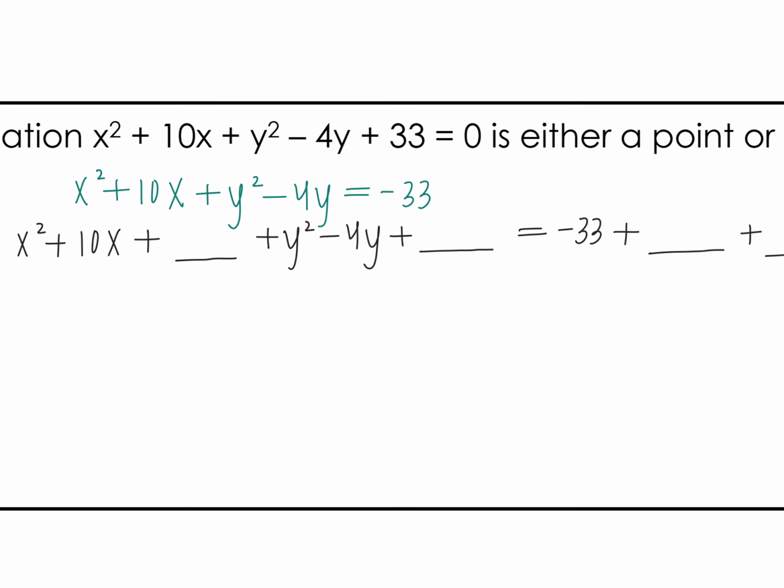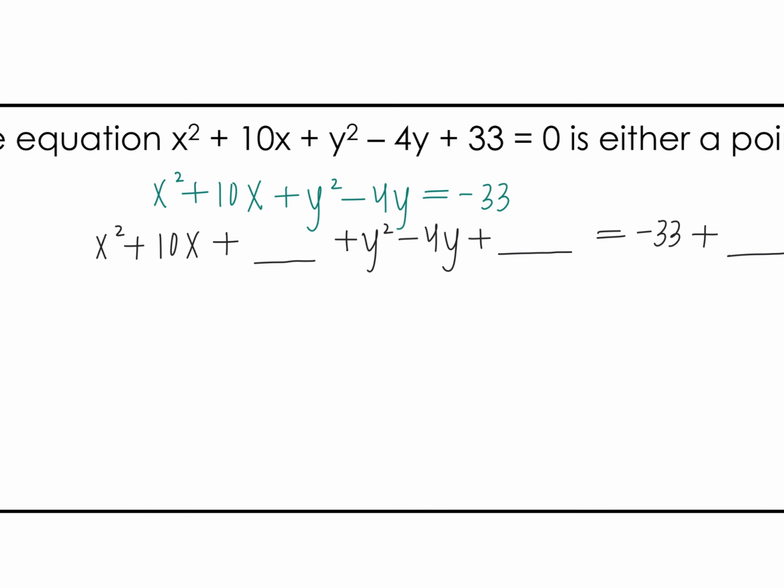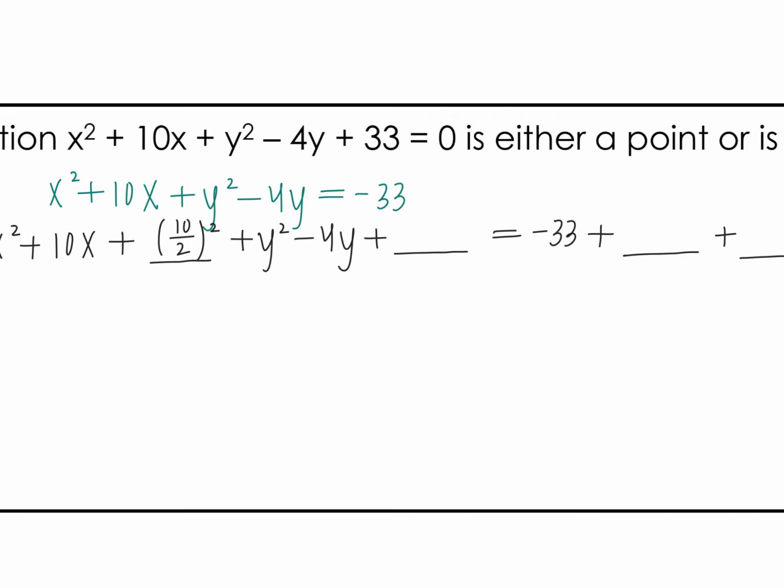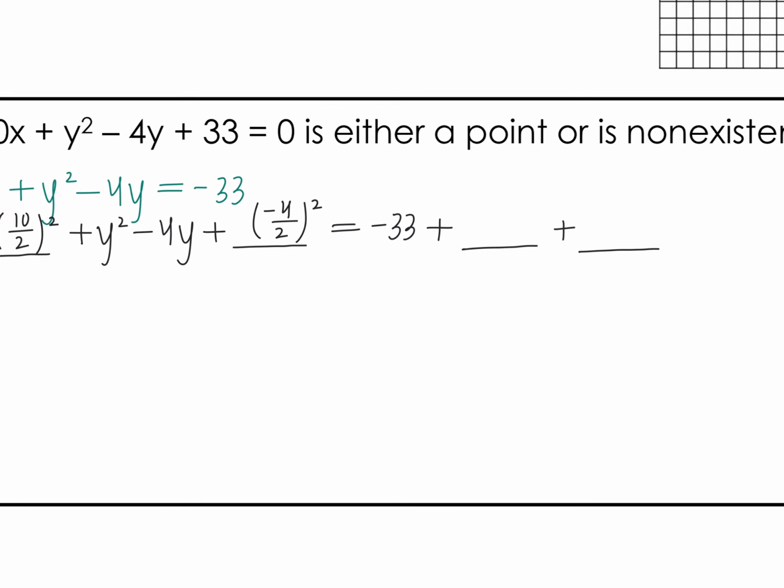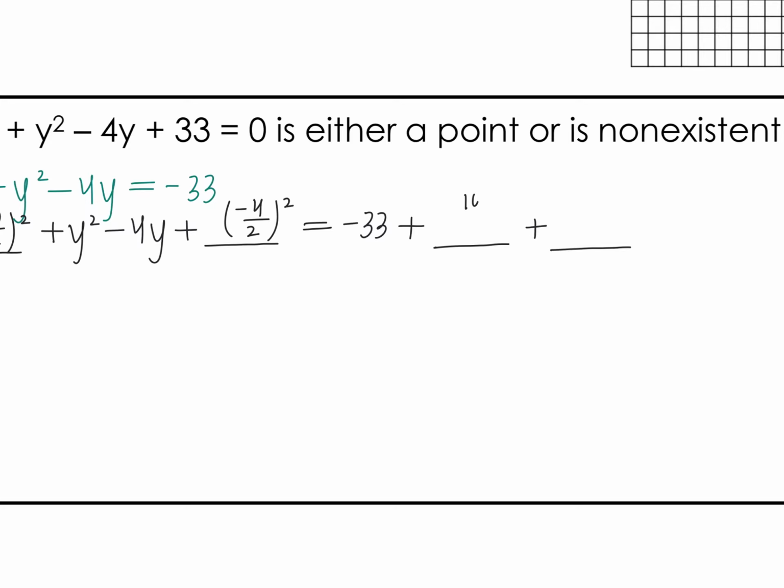Okay, so now let's fill in. We'll have half of 10 squared, so 10 divided by 2 squared. Then we're going to have half of that negative 4 squared. And I'm doing the same thing over here.